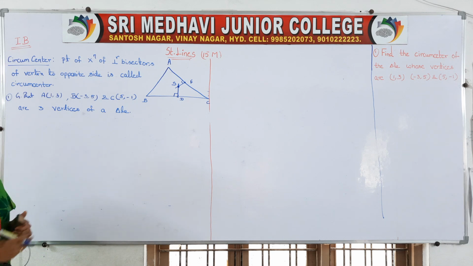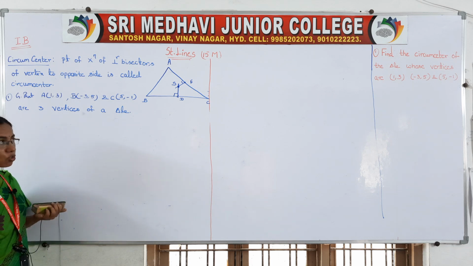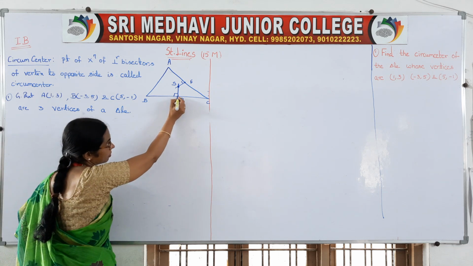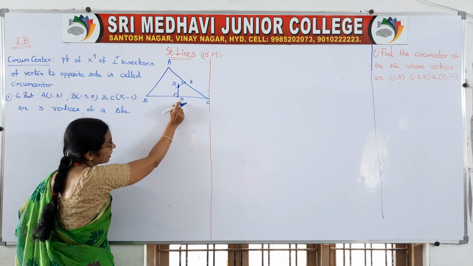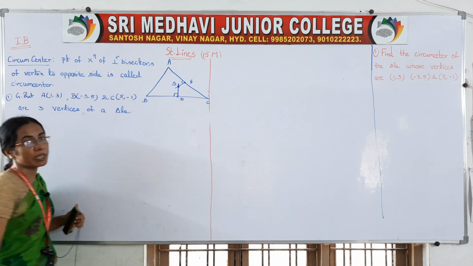SD is a line, SE is a line. To write a line equation, if we know one point and the slope, we can write that line equation. So we want one point here. How can we get one point? See, this D is exactly the midpoint of BC.